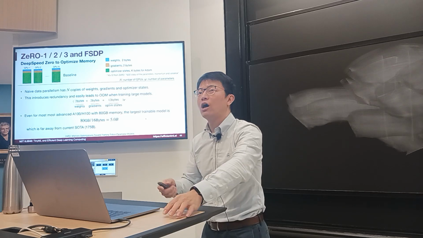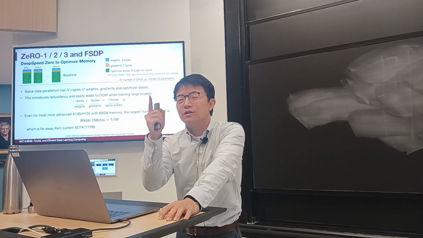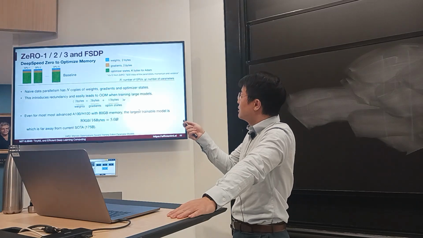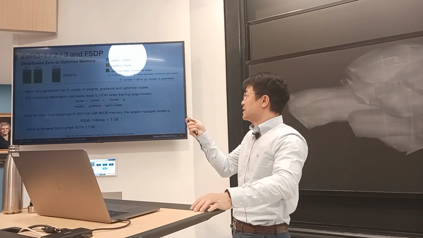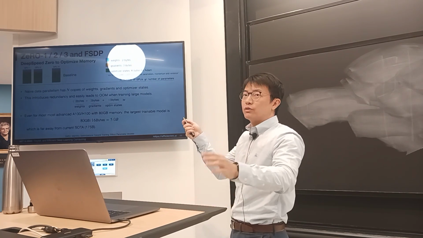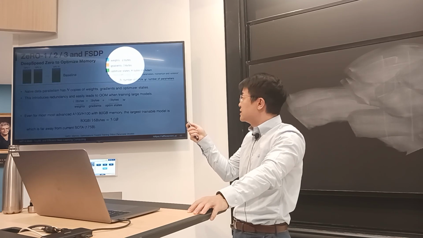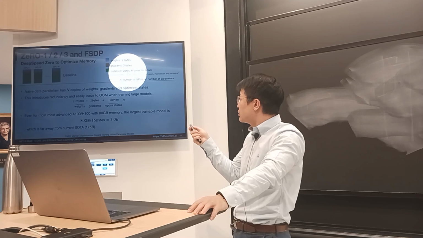So let's first break down what the memory consumption is to train a single parameter. We can break it down into 3 components: the weight, 2 bytes per weight, assuming it's FP16 training, which is already pretty popular these days. And the gradient, 2 bytes, FP16. We also have to store the optimizer states, including 3 parts.